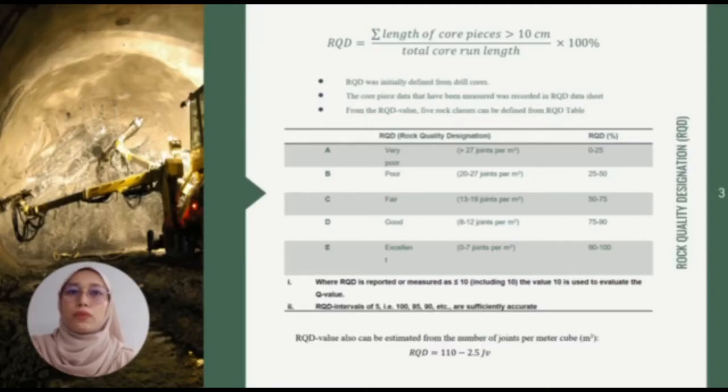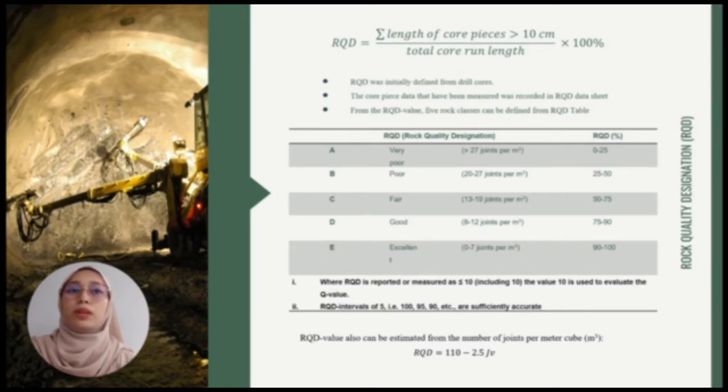RQD is data that we get from drill core at site. The core pieces data will be recorded in the RQD datasheet. After filling the datasheet, the RQD value can be determined by using the formula RQD equals total length of the core pieces more than 10 cm, divided by total core run length, times 100%.